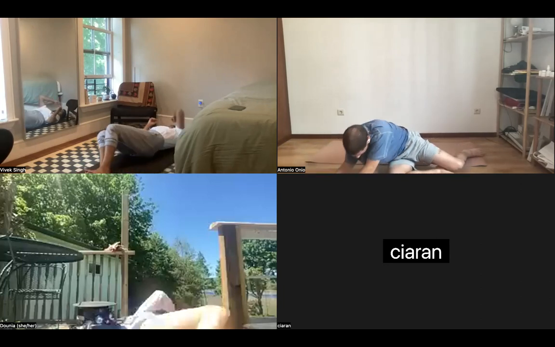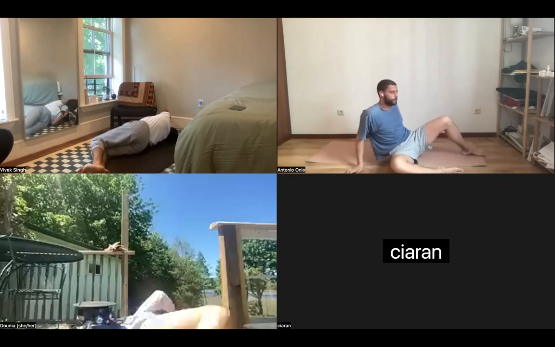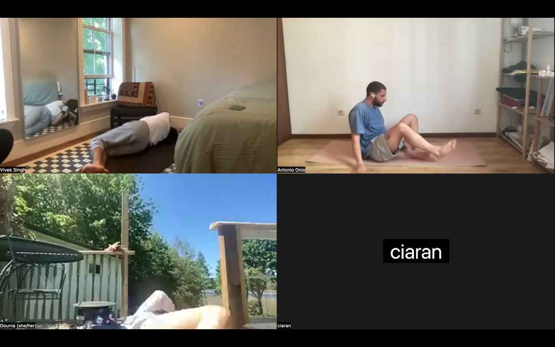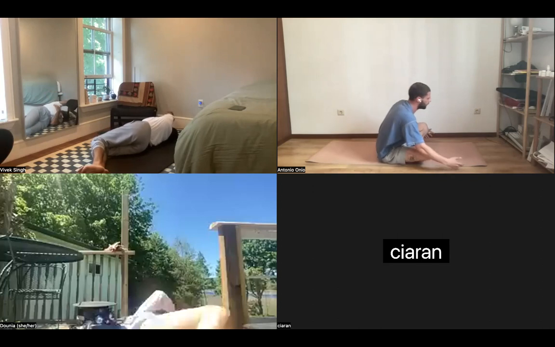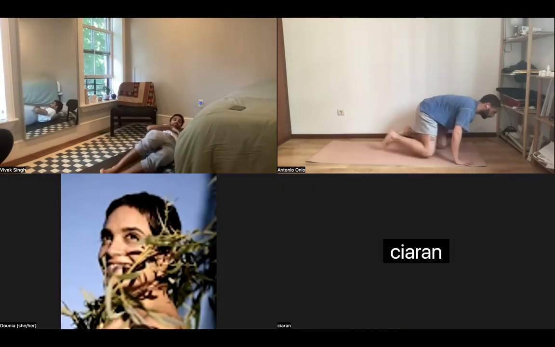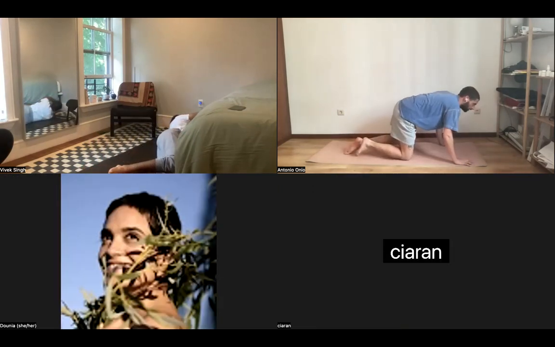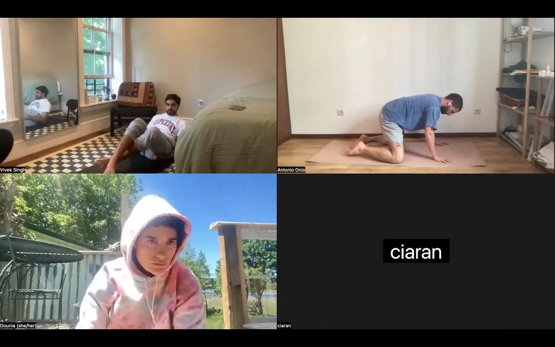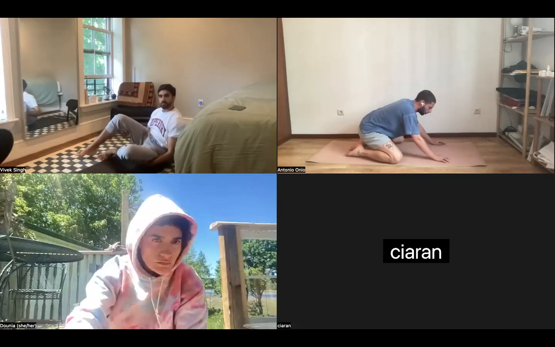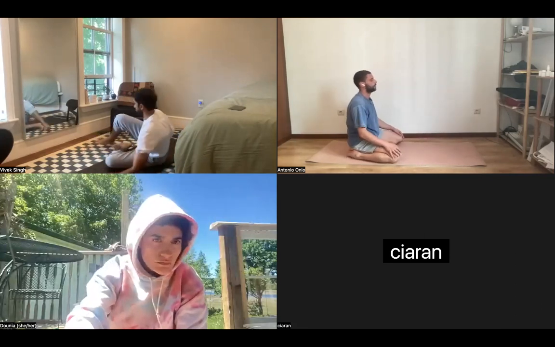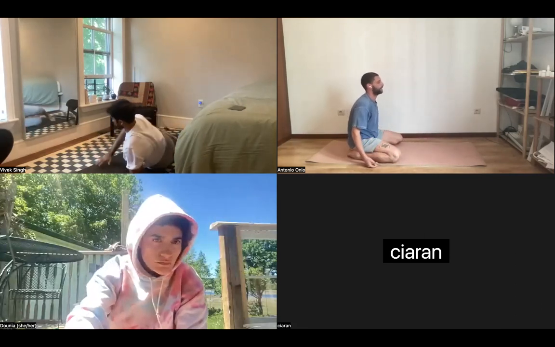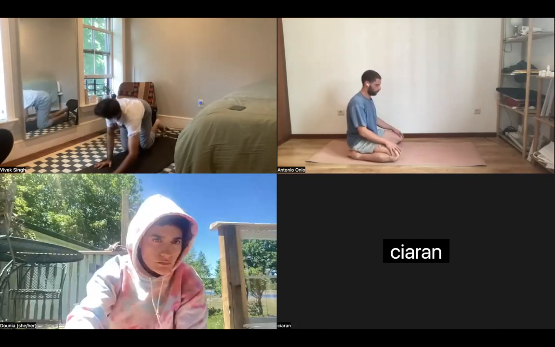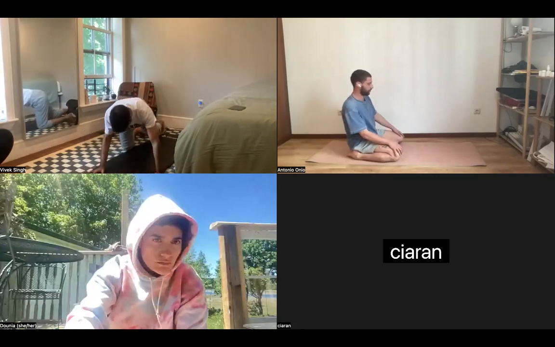Until we're gonna come to a very interesting stretch position, which is a very gentle position. We're gonna go to child's pose, and already its name induces a sense of calm and gentleness and kindness. So we're going to find a position.